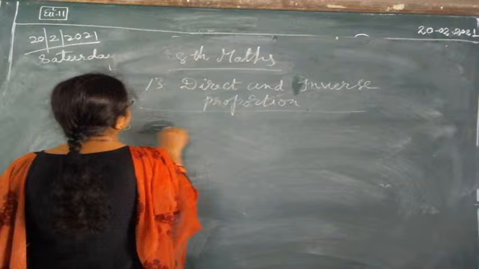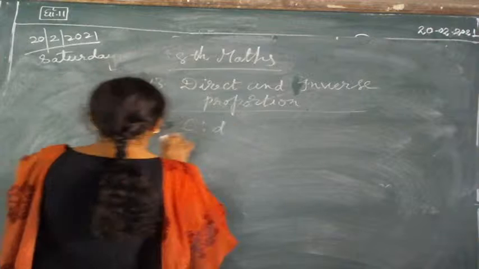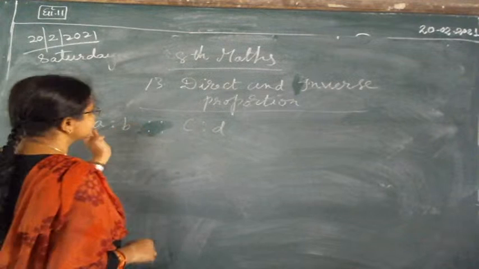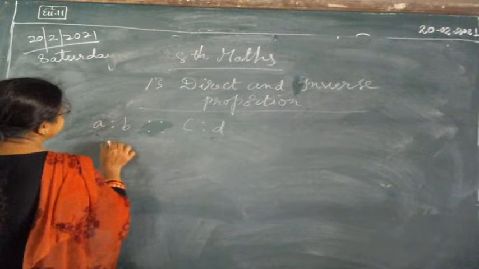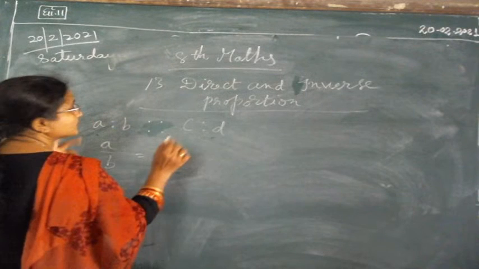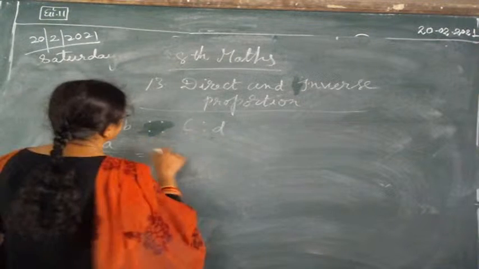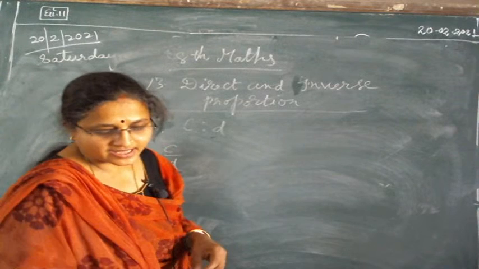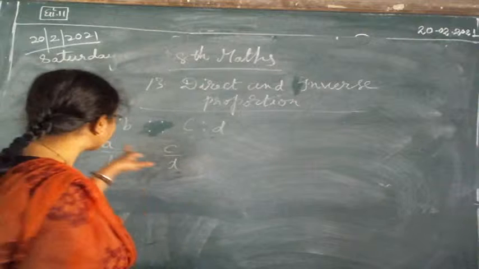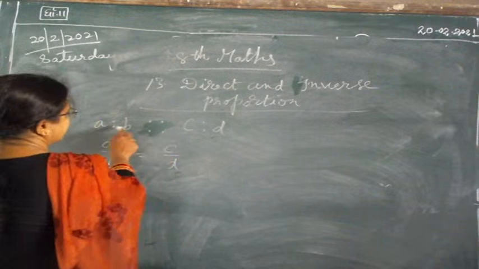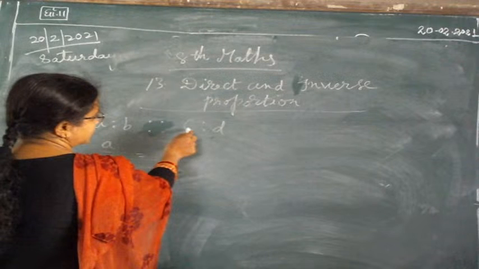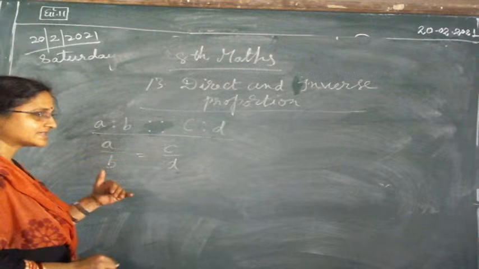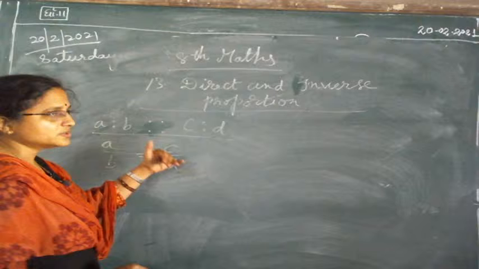A is to B is equal to C is to D. We show proportion with four dots: A is to B, C is to D. I am writing this ratio A is to B as A by B. When two ratios are equal, then we can say they are in proportion. It means A by B is equal to C by D. Understand or not? If so, then A, B, C and D are in proportion. I have written A is to B proportionate to C is to D in this form, but we can write it as A by B is equal to C by D. Then we can say the ratio A by B is equal to C by D. Right or not?